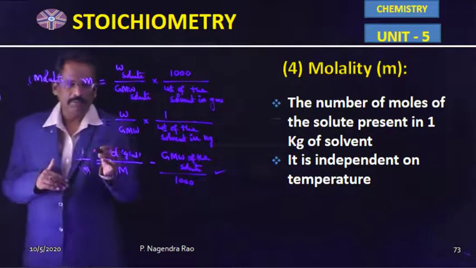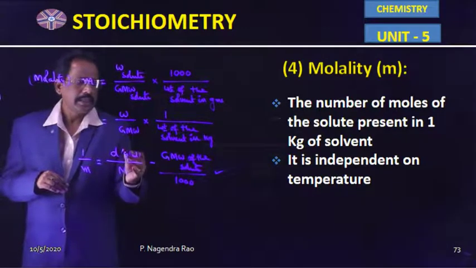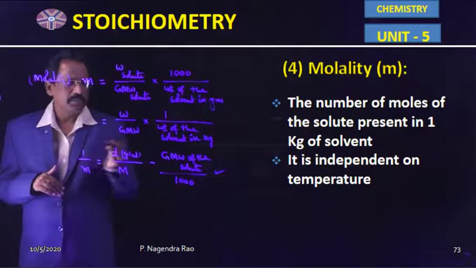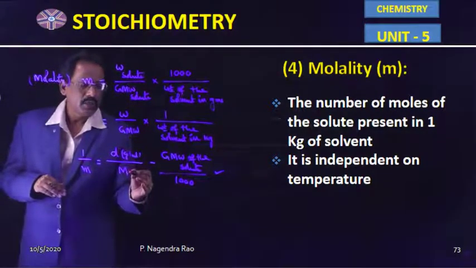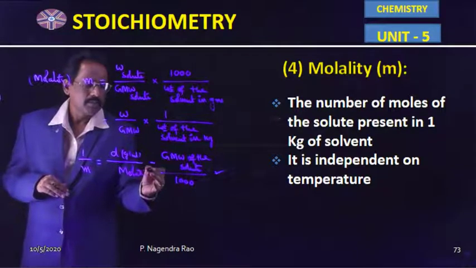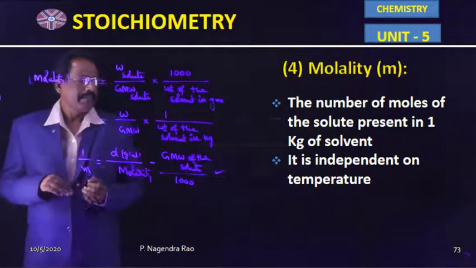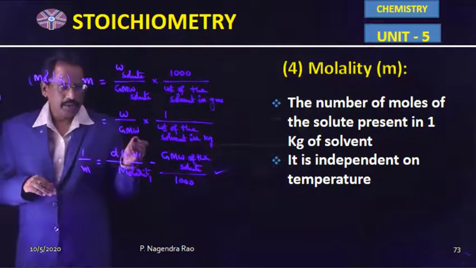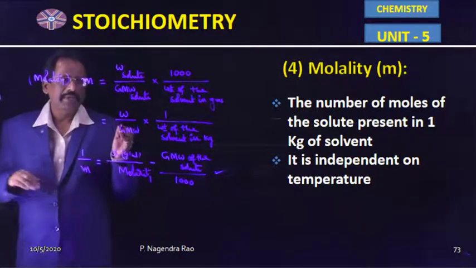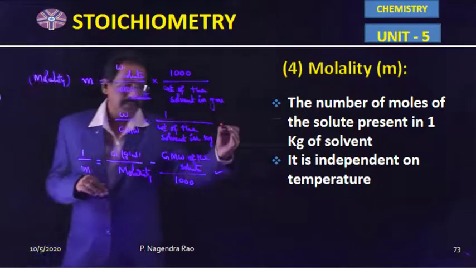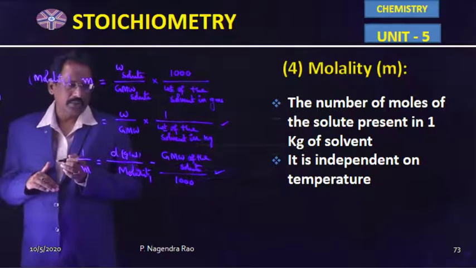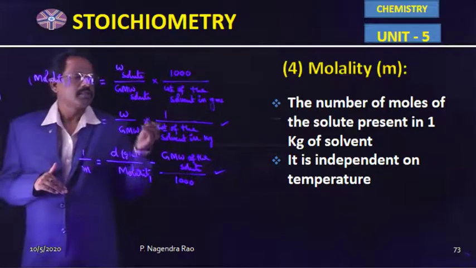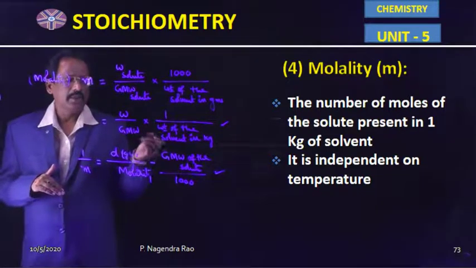The reciprocal of the molality is equal to density of the solution in grams per milliliter divided by molarity, capital M, minus gram molecular weight of the solute divided by 1000, or molality is equal to weight by gram molecular weight into 1 divided by weight of the solvent in kilograms.